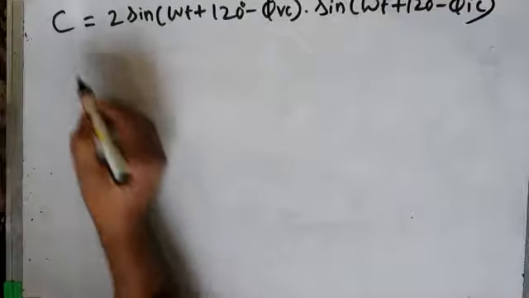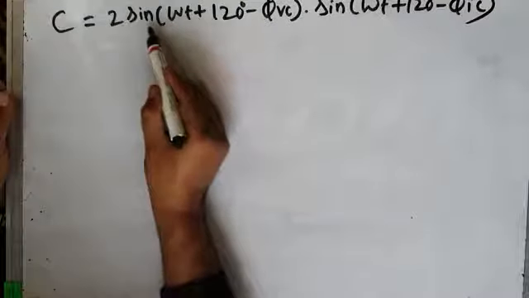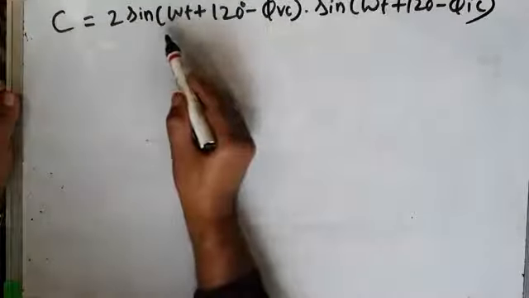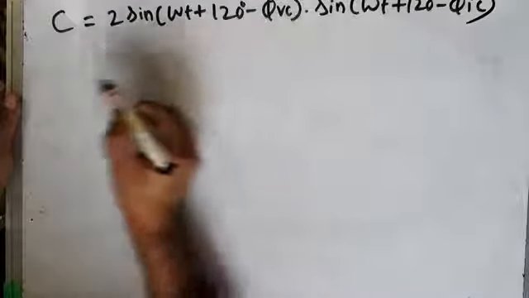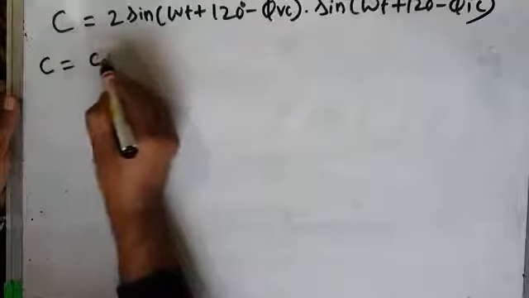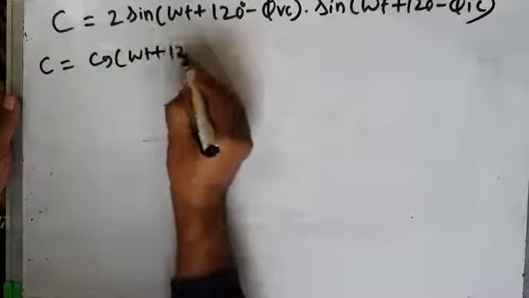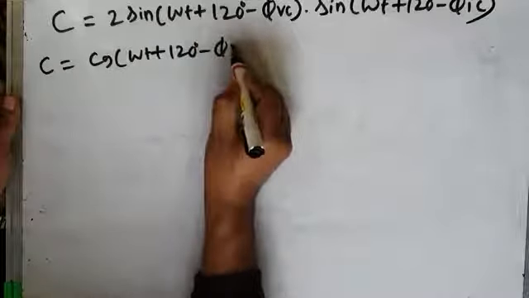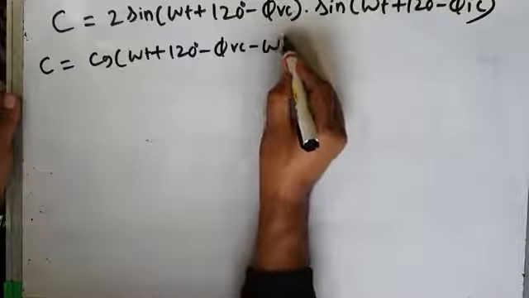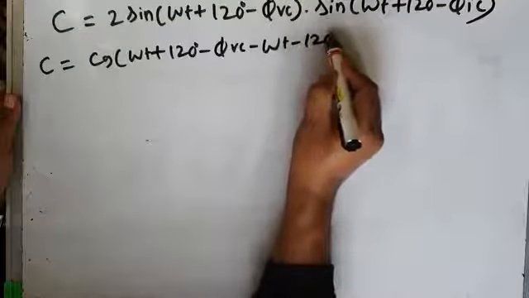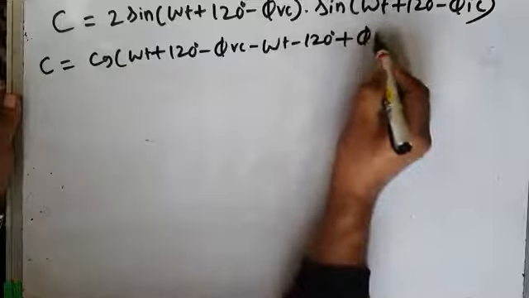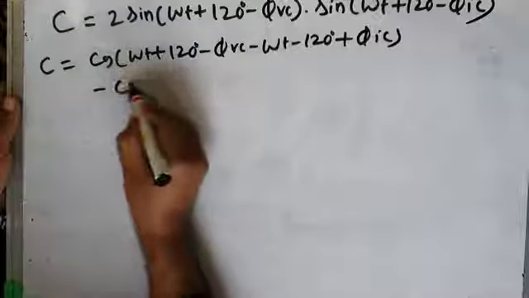Okay, so this is again 2 sin a sin b, which is equal to cos of a minus b minus cos of a plus b.